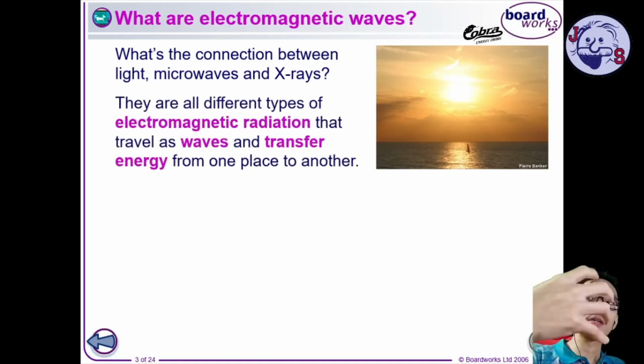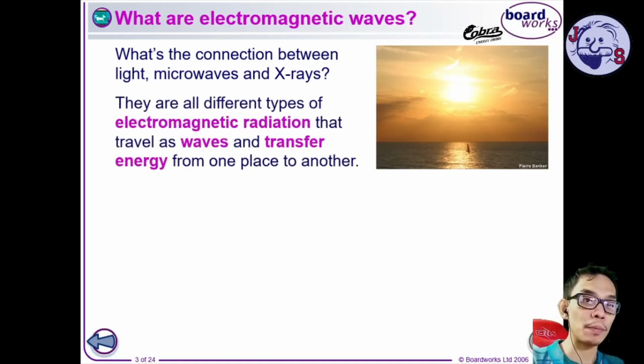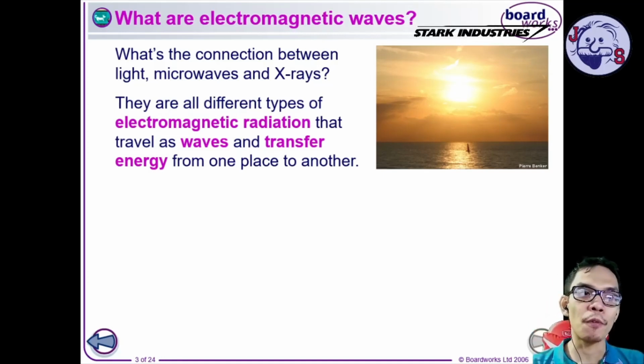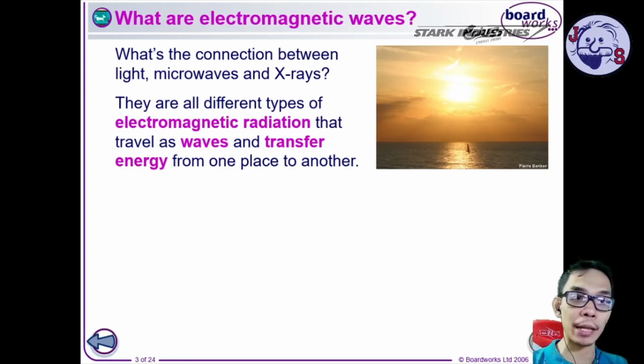These light waves are part of your electromagnetic radiation. As we know, the word radiation means energy transfer from one point to another, non-contact.